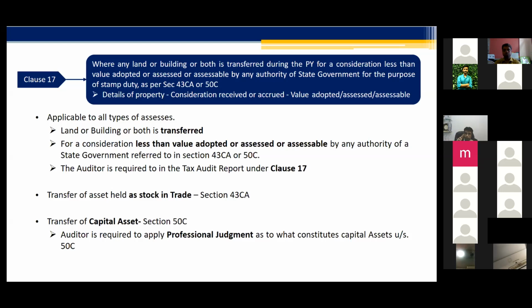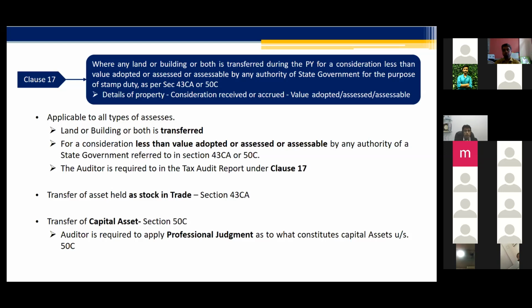Obviously, these are matters of litigation which are happening. For an auditor, if I am to take a view, whether I should, just for the sake of reporting, report or not report. To my mind, once 50C is not applicable and there is a judicial precedent to it, you are not obliged to report on it.